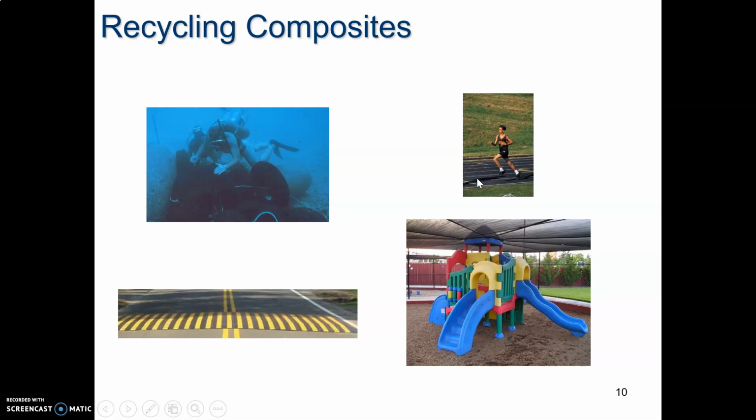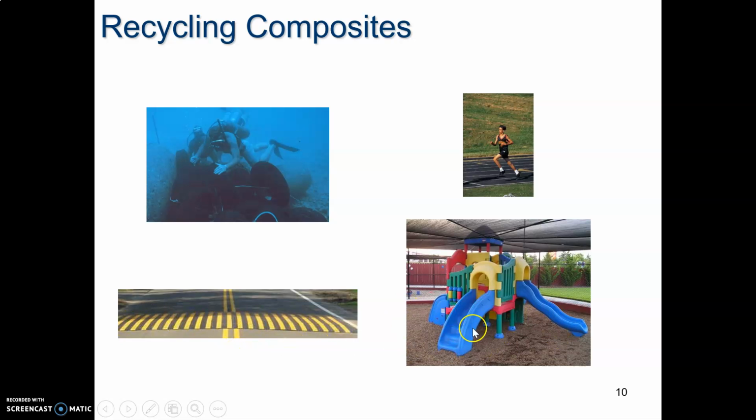Some of the newer tracks and newer football fields are made out of recycled, crushed up, shredded up tires. I know that East China Field and Ford Field, I think, are made of those shredded up tires. Speed bumps, they're used to help create the speed bumps.